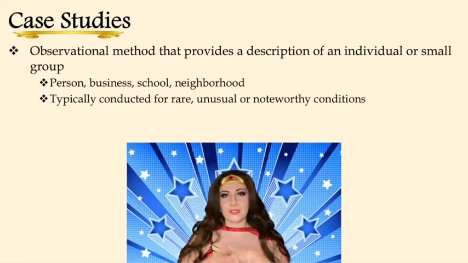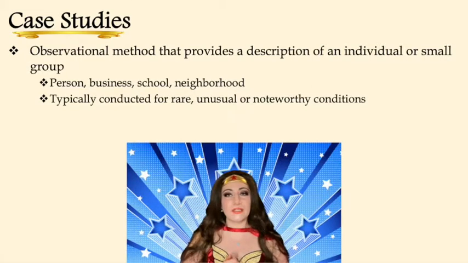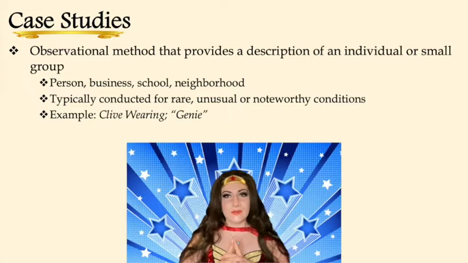For example, I'm not sure if many of you are familiar with the case of Clive Wearing. Clive Wearing had a particular infection in his brain that had caused him to forget and lose essentially his memories of everything before his trauma, before the infection, but he still was able to remember how to play the piano perfectly.